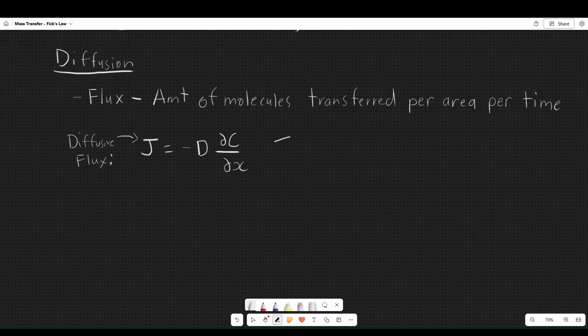And I should also remind you that this is Fick's first law of diffusion, and this is very similar to Fourier's law and Newton's law.